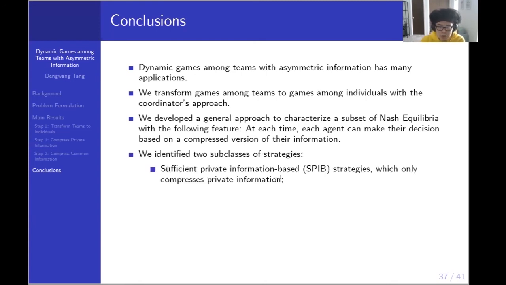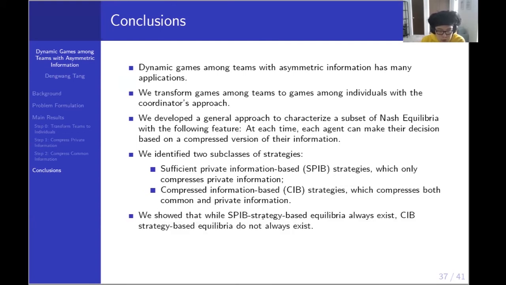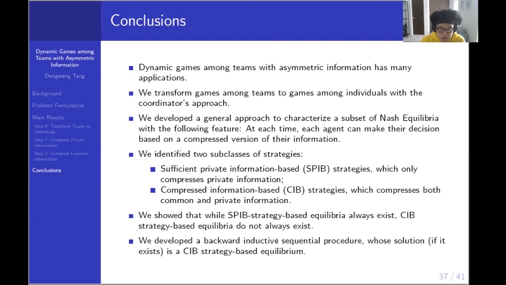And we have 2 subclasses, one where we only compress private information, and the other one which we compress both common and private information. In the first subclass, equilibria always exist. In the second subclass, equilibria doesn't always exist, but the second class has the advantage that it admits a backwards inductive sequential procedure to solve for the equilibrium if the procedure succeeds.